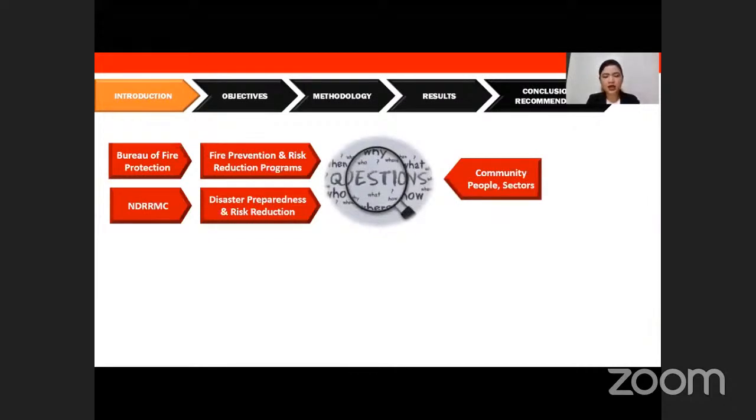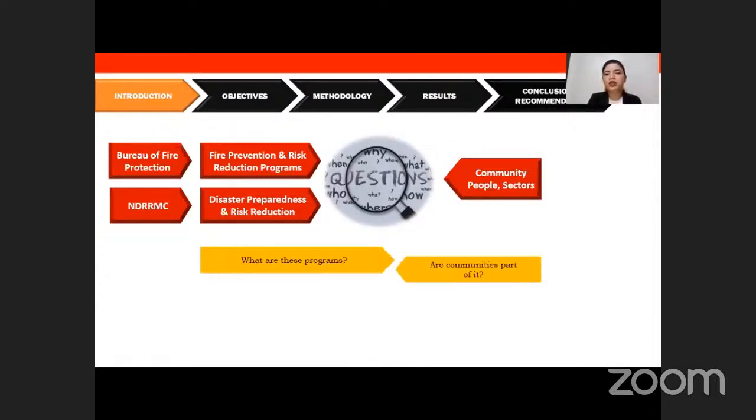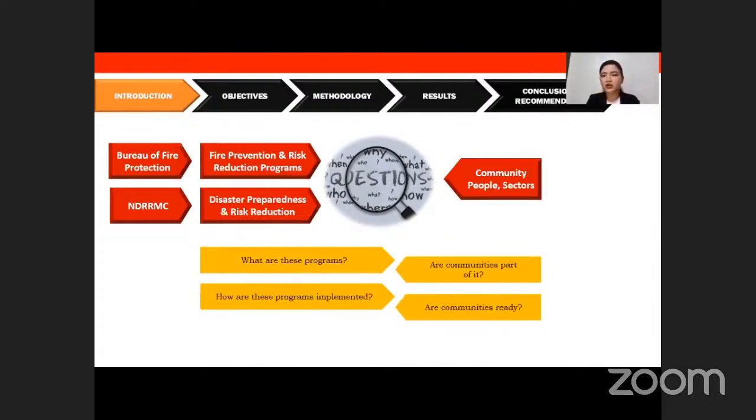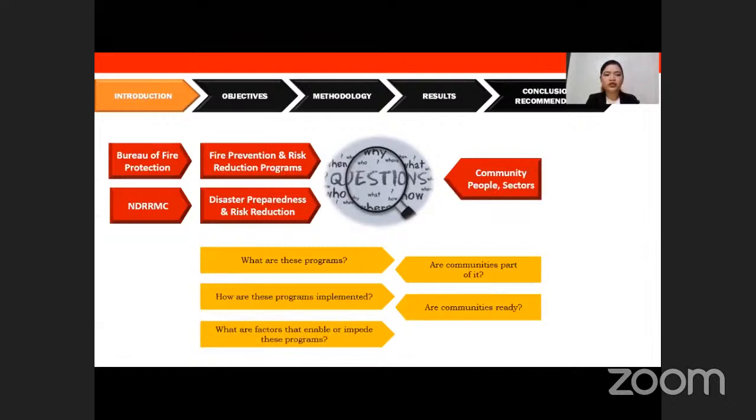And it is in this area that the researcher found relative questions such as the following. What are these programs? Are communities part of it? How are these programs implemented? Are communities ready? What are factors that enable or impede these programs? And how can communities improve based on data?